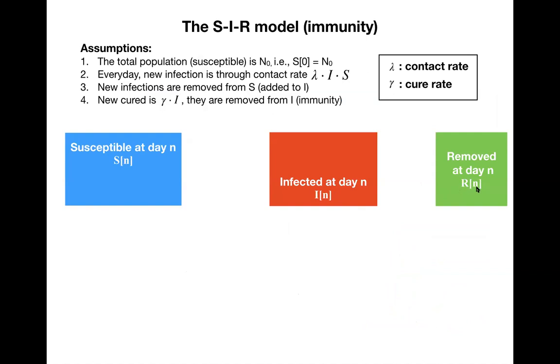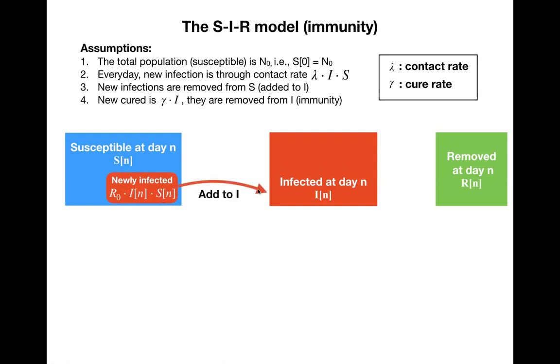The assumption here is that the total population is fixed, it's N0. So at day n, we have S_n, I_n, and based on the contact rate lambda, lambda times I times S is the number of newly infected people created through contact.